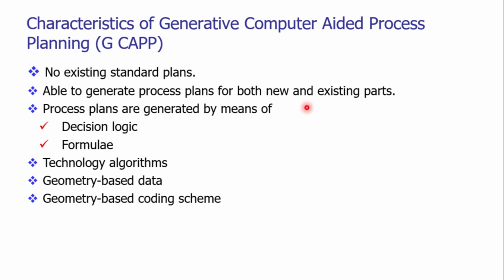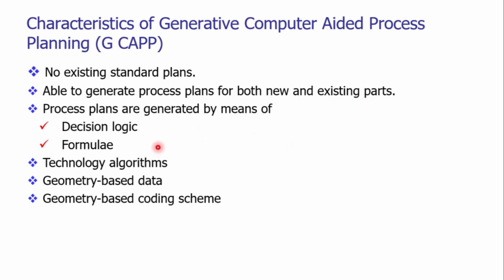These kinds of systems are very useful for creating an entirely new plan for fresh products or fresh parts which are entering the part family, or for defining the process planning route sheets for existing parts as well.